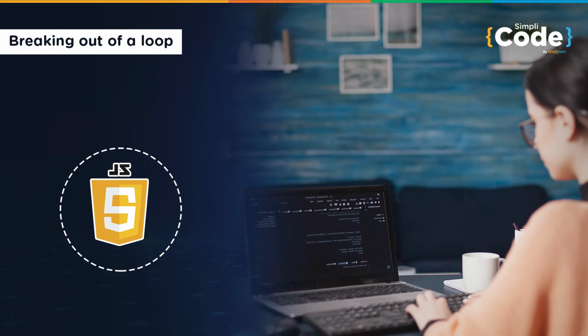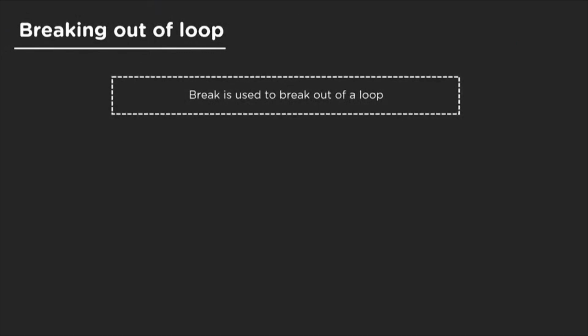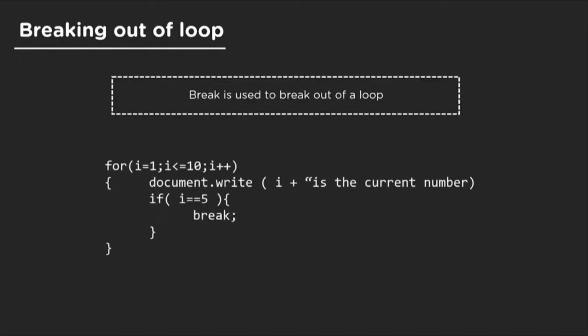Moving on to the next concept, breaking out of a loop. Now, as the name suggests, break is the keyword that is used to break out of a loop. Now here is a simple code for you. So according to the logic, it prints the values between 1 to 10. And say at the value 5, you want to break out of the loop. You can simply use the keyword break.